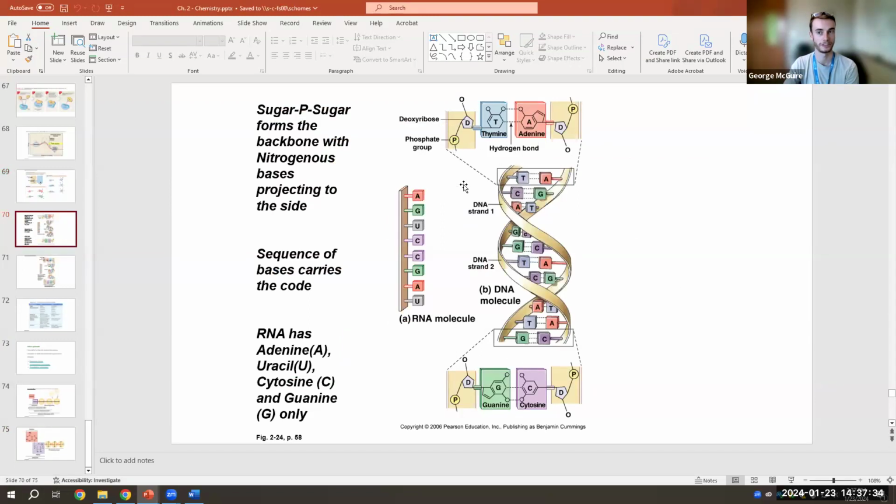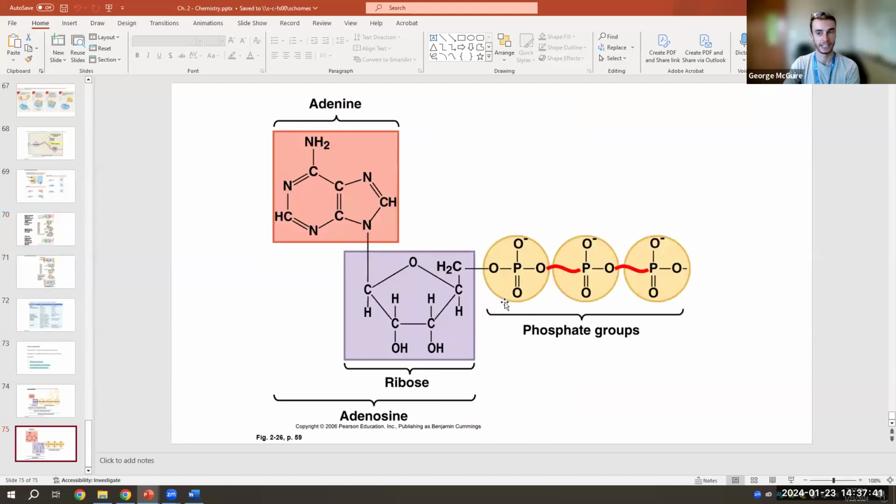Phosphate groups bond with the ribose sugar of the previous nucleotide, etc. And so ATP is kind of like a modified nucleic acid. Instead of only 1 phosphate group, we have 2 or 3, ADP for 2, ATP for 3. Thanks. Welcome.